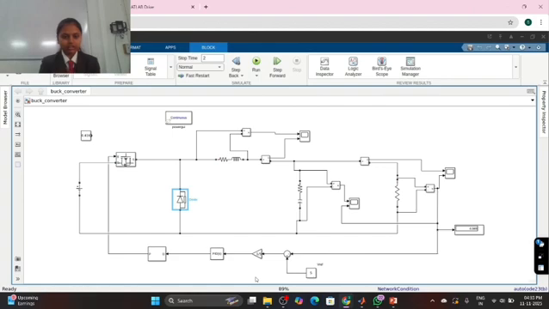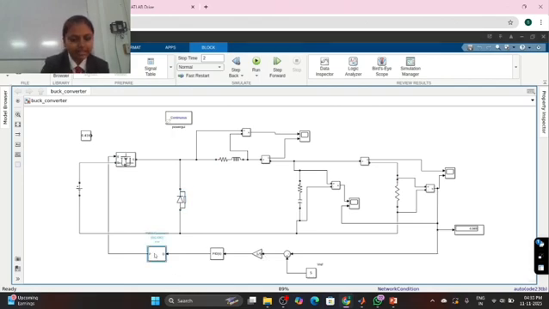The control section begins with the comparator block. This block compares the reference voltage with the actual output voltage measured from the converter, where the reference voltage is set to 12 volt, which is our output level.